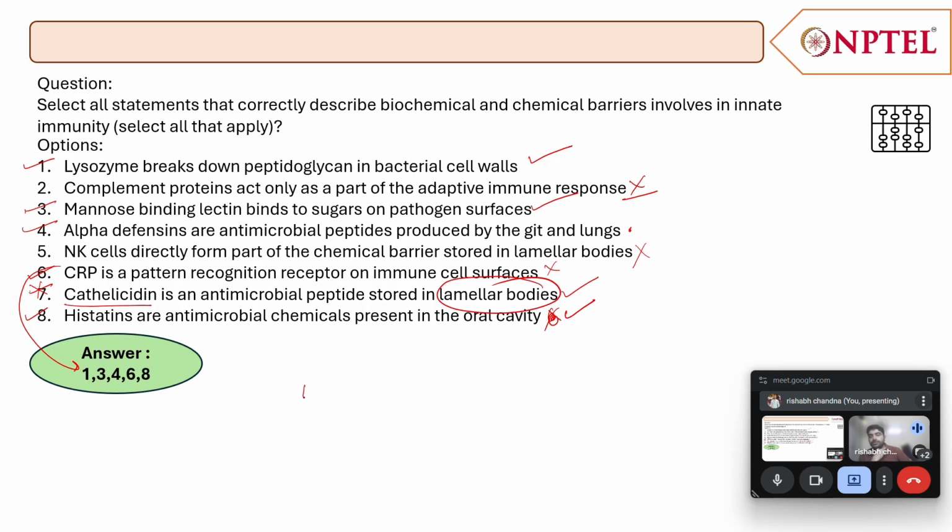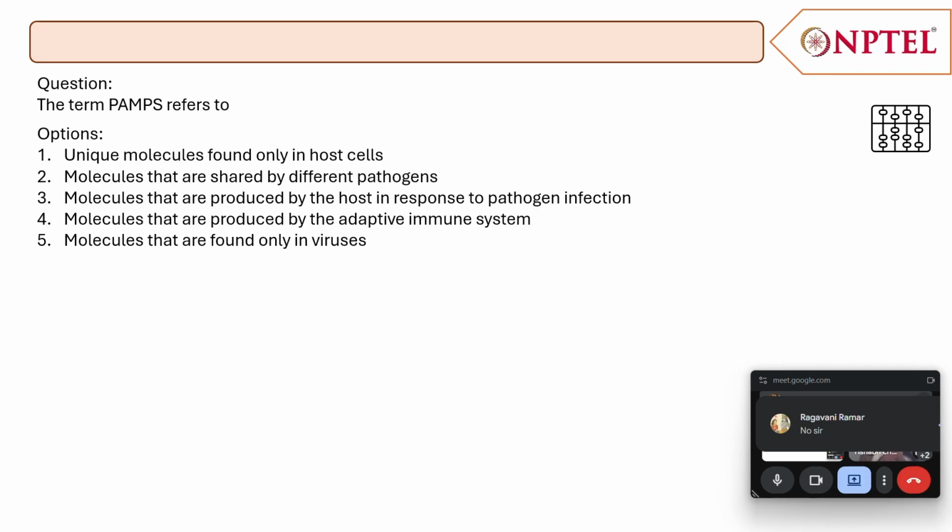It acts as a pattern recognition receptor that helps in recognizing the pathogen in the liver. Okay, so any doubts in this question? Let's move on to the next one.